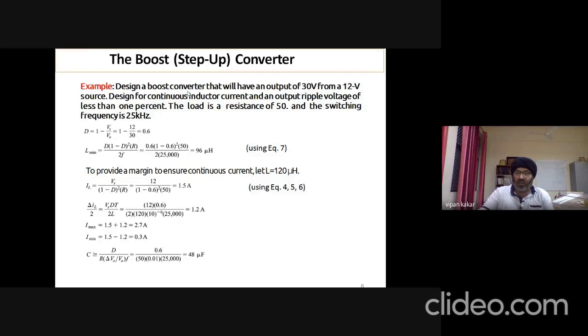We have fulfilled the condition that it is actually working in continuous conduction mode. At the same time, the ripple at the output has to be less than 1%. Just by selecting this capacitor value equal to or greater than 48 microfarad, it will ensure that the ripple remains below 1%. Okay.